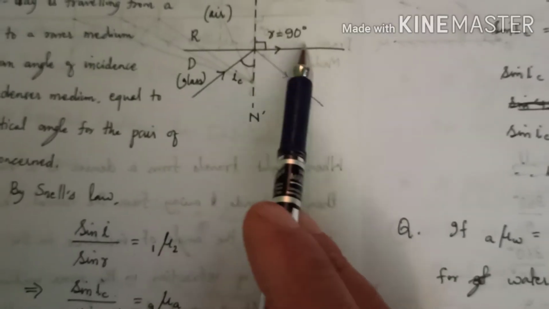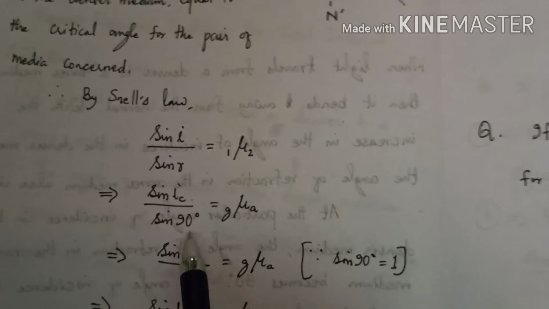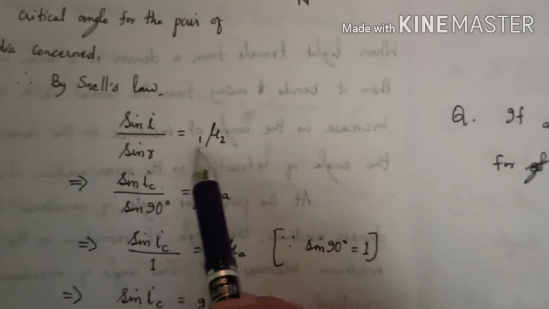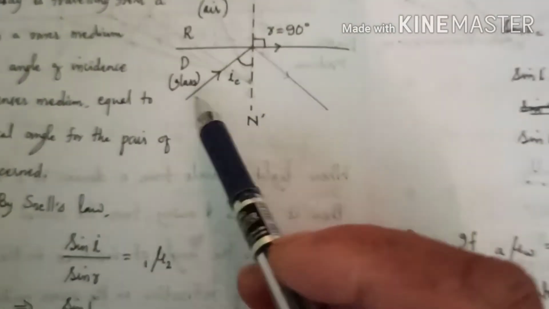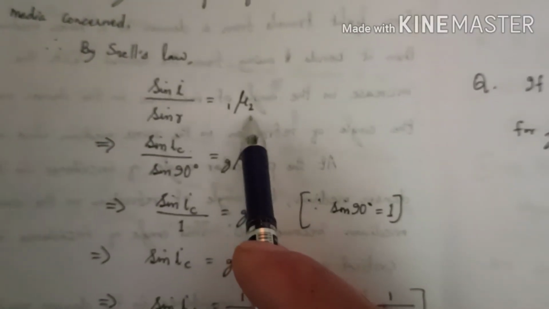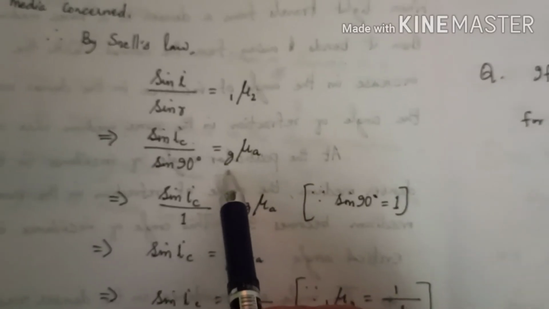And the angle of refraction R is equal to 90 degrees, so in place of R I am writing 90 degrees. The second medium is air and the first medium is glass, because the light is moving from glass to air.